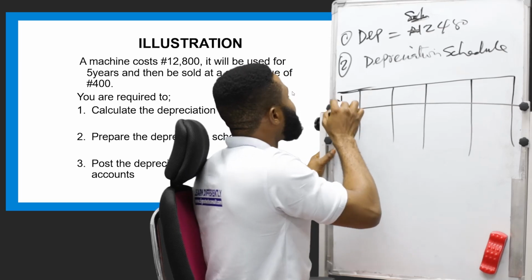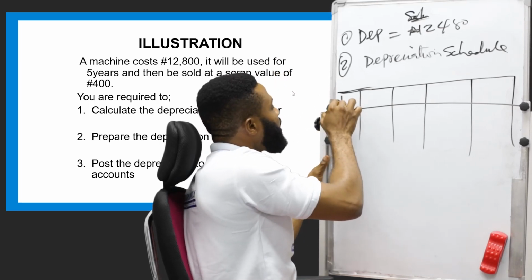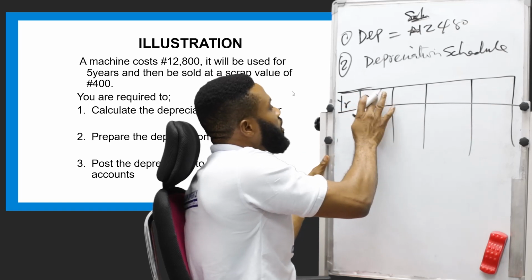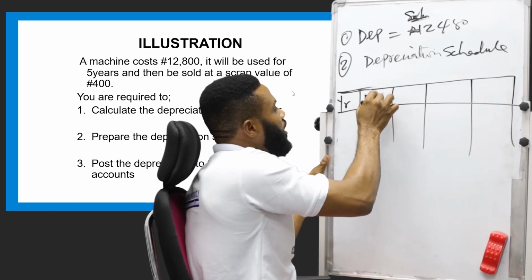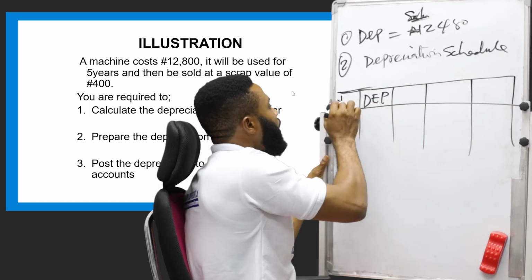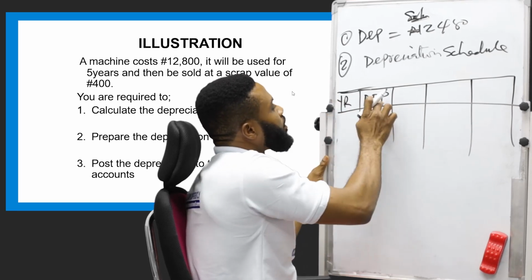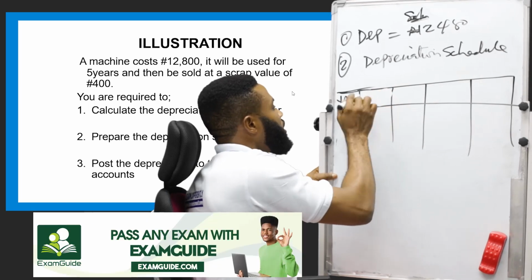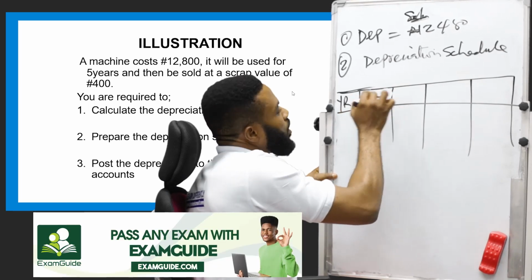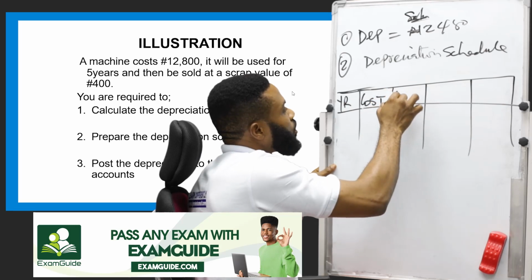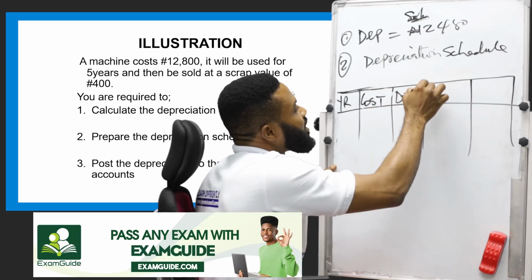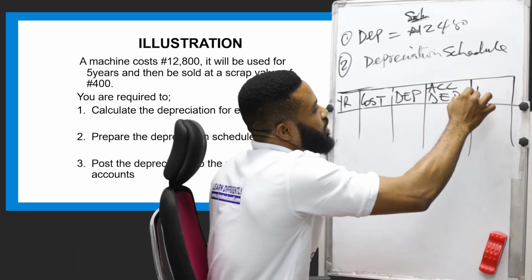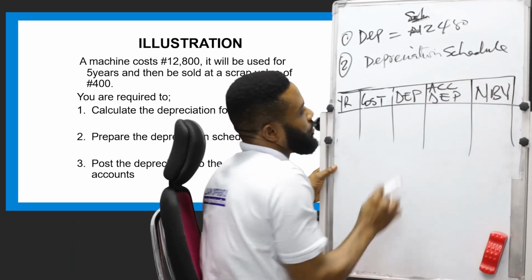This is the year. This is the cost, and then this is the depreciation. And then this is the accumulated depreciation. And this is the net book value.